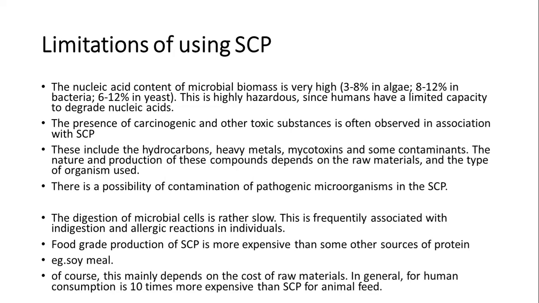Fourth, production of SCP depends upon the raw material and organism. The fifth limitation is the high risk of contamination by pathogenic microorganisms in single cell protein. And the last limitation of using single cell protein is that food grade production of SCP is more expensive.